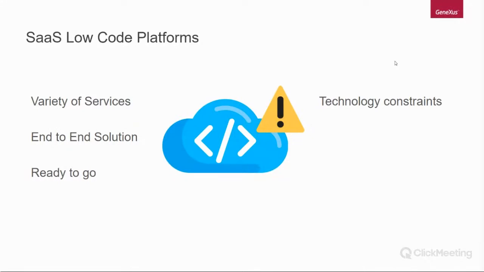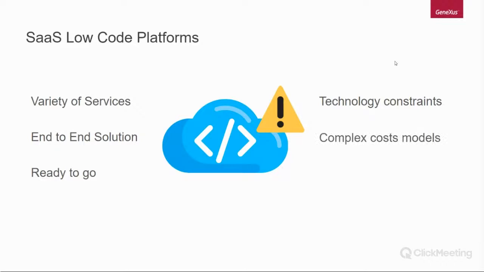You will only be able to create software, for example, that runs on Java or only .NET, or you will be using the database that the platform provides for you. So you won't be as independent as you might want to be. You rely a lot on what this platform allows you to do.